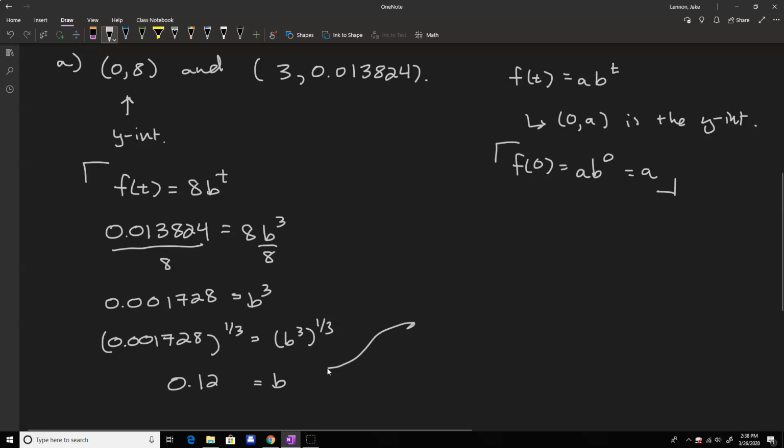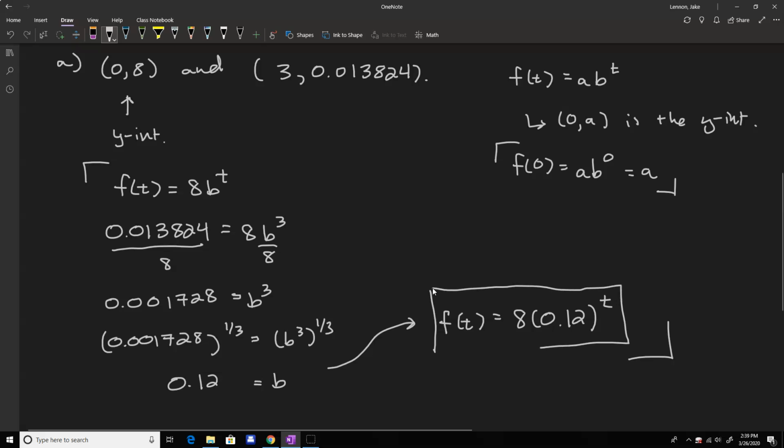That tells us that our exponential function here is f of t equals 8 times 0.12 to the t power. When one of those 2 points is the y-intercept, it saves you a little bit of time, so you don't have to spend so much time taking ratios and solving for both things. It's a little bit shorter. Again, you could still use the other method we went over last time.